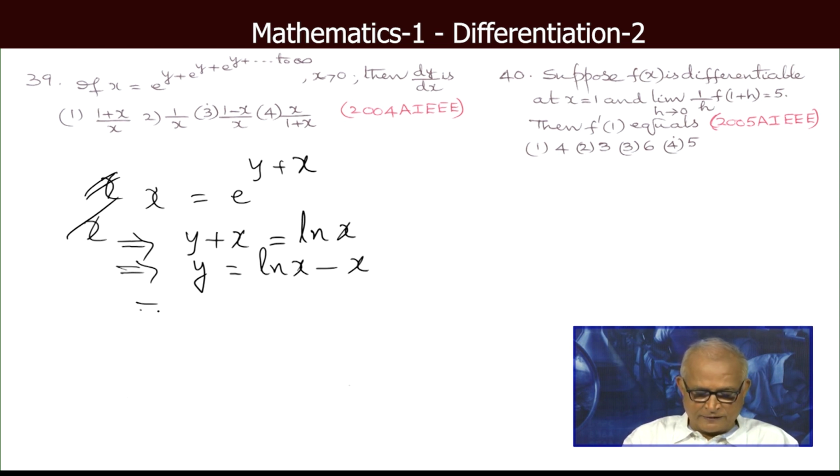So, dy dx is 1 by x minus 1, which is 1 minus x by x, simple question.